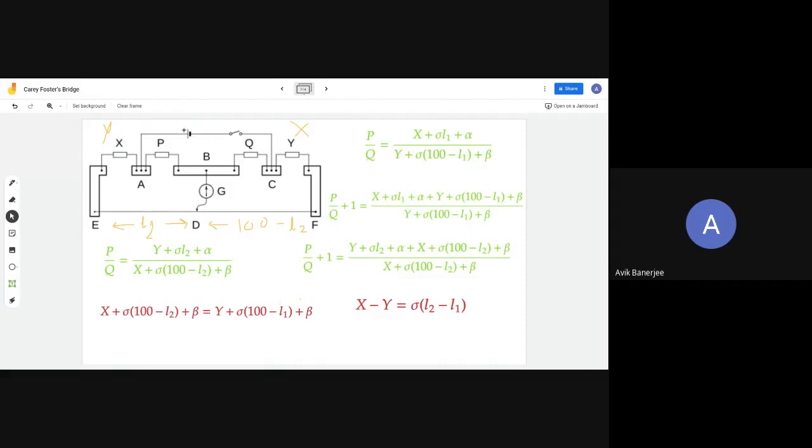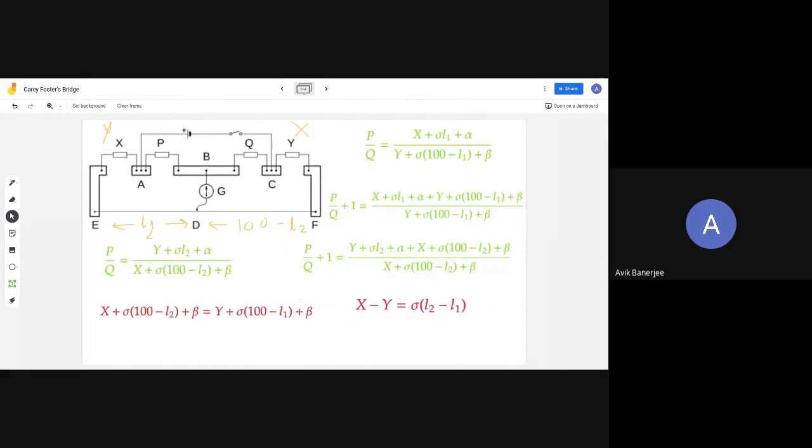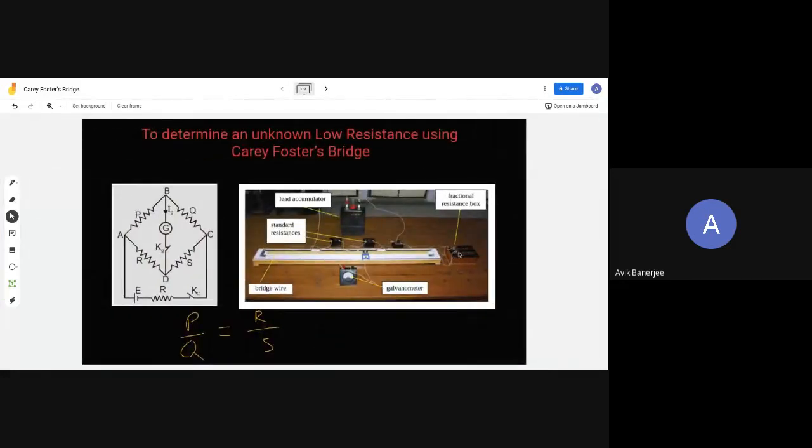So now once we know sigma, we move on to the next part of the experiment, where we are going to find out the unknown low resistance. So how to do that? Now we are going to apply the unknown resistance Y and the resistance box, and then we'll swap them.